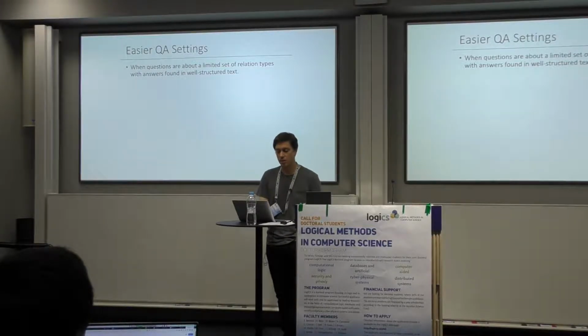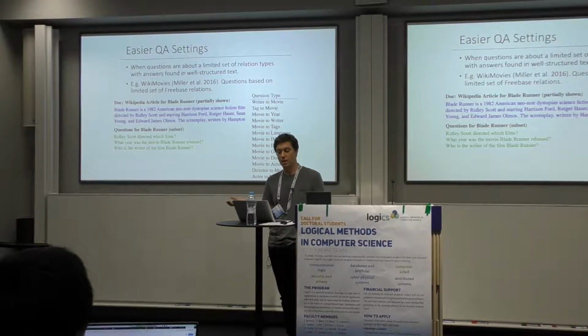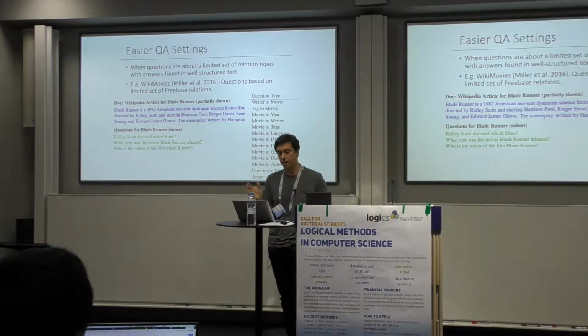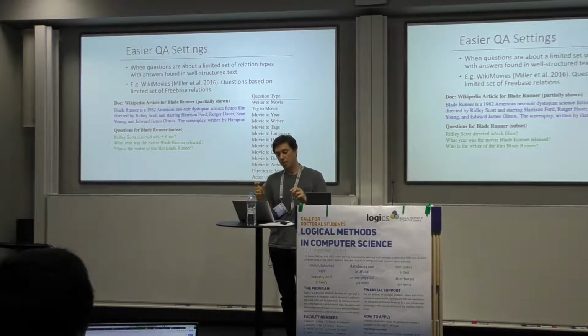Another example would be when the questions are about a limited set of relation types with answers found in well-structured text. So for example, WikiMovies is a popular question answering data set, and it answers questions about movies based on Wikipedia documents, but it only looks at question types in this set here, writer to movie, tag to movie.